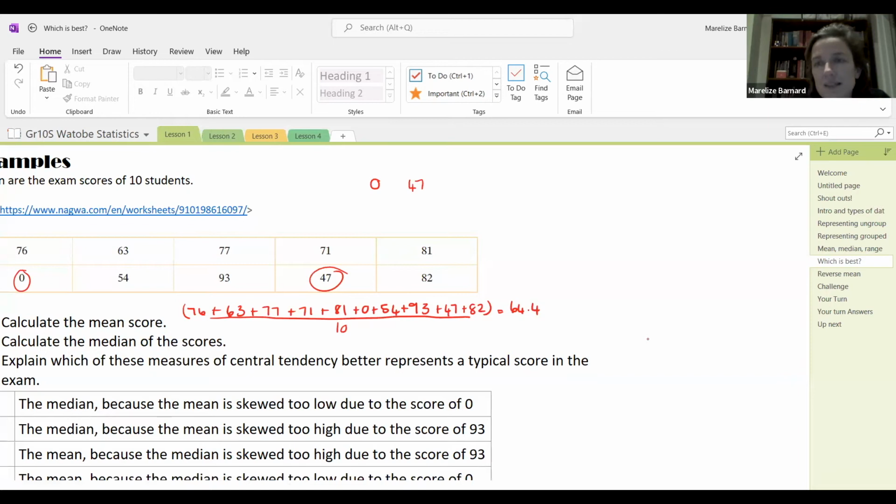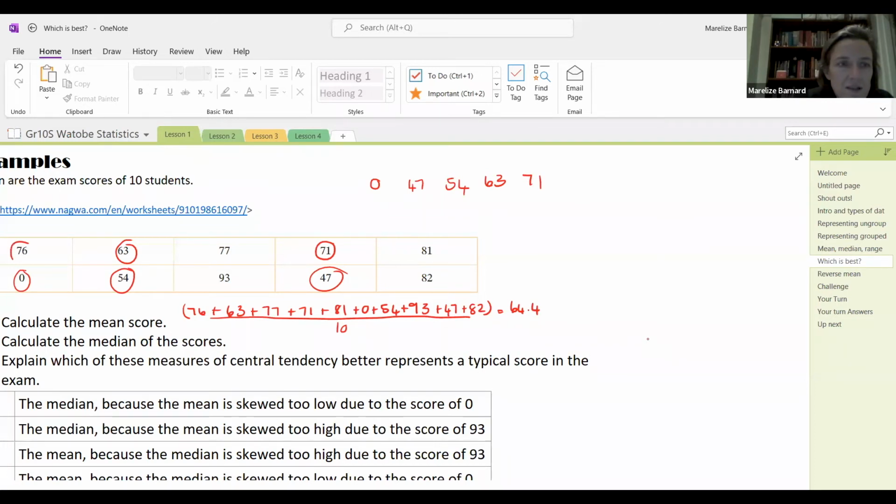See, this is what is tedious about the median. You have to go through this process of rearranging. And then if there are 20 or 30 data values, you can easily make a mistake. That's 63. And then this is 71.